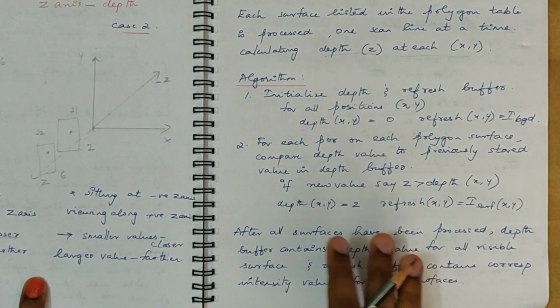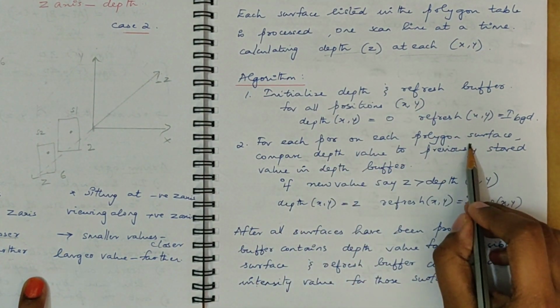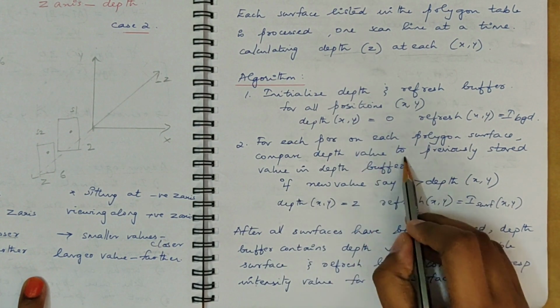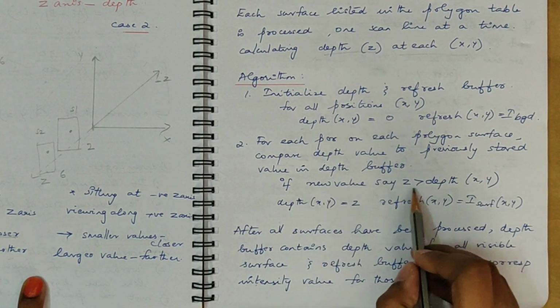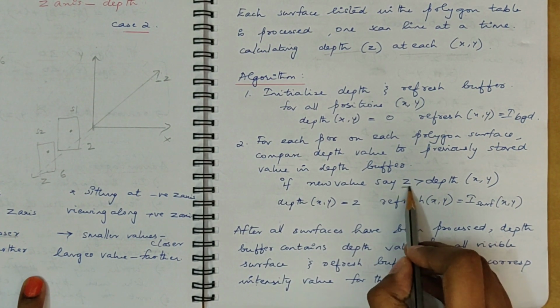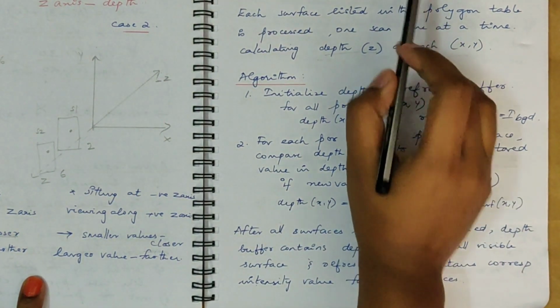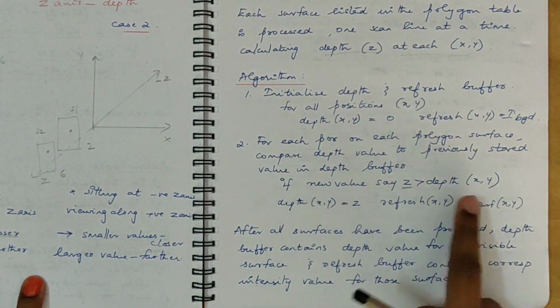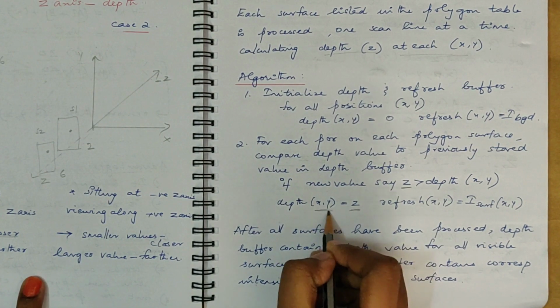Then for each pixel position on the polygon surface, compare the depth value to the previously stored value in the depth buffer. If the new value, say Z, is greater than the depth value already in the depth buffer, then you have to replace it at that corresponding position.